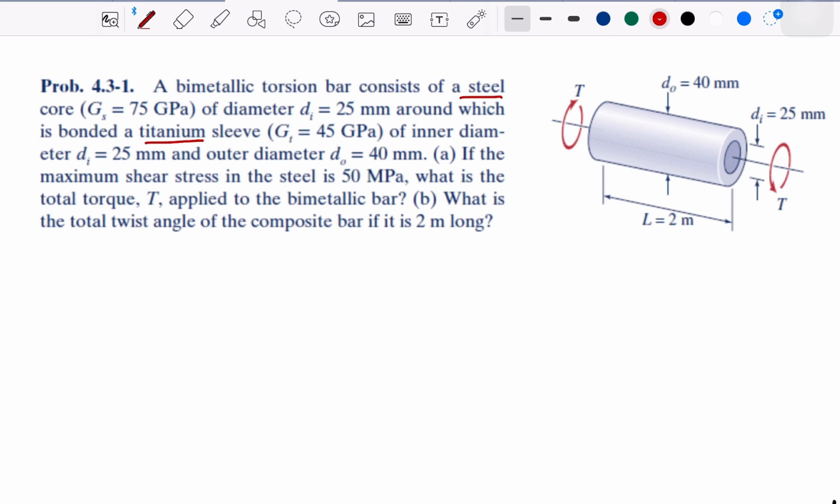So first, let me remind you that if we look at the cross section, this is the steel, this is the titanium.